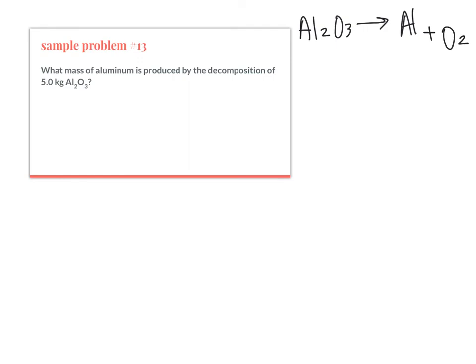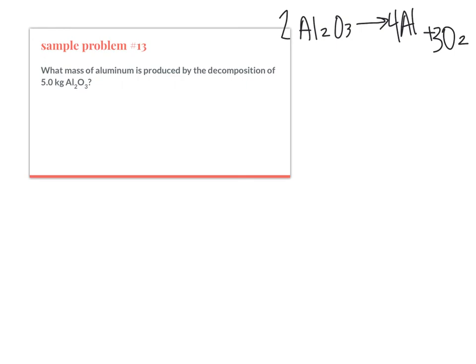And then to balance this, let's start with the oxygens first, because we have 3 oxygens on the reactant side and 2 on the product side. So we know we have to put a 3 there and a 2 over here. And then that gives us 4 aluminum. So there is our balanced equation.